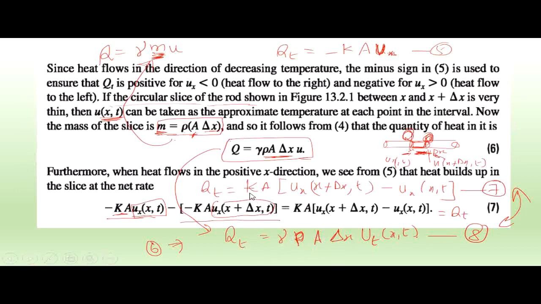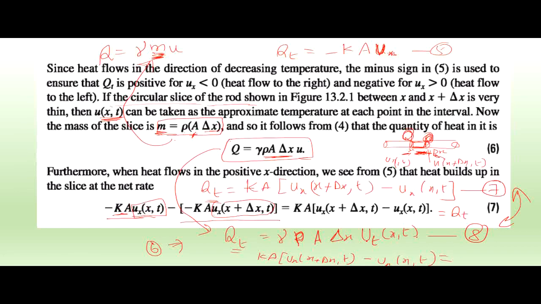When you equate 7 and 8, on the left side, from equation 7, you have k A times Ux of x plus del x comma t minus Ux of x comma t.